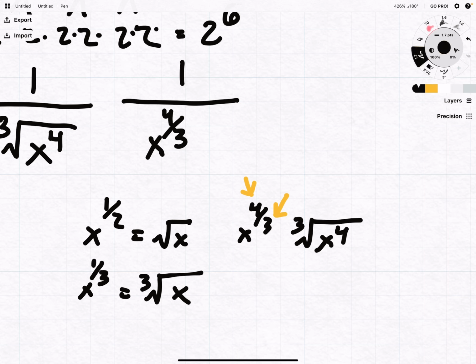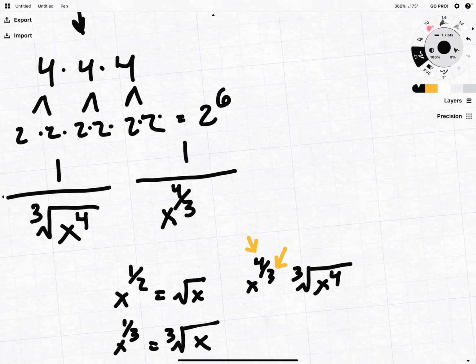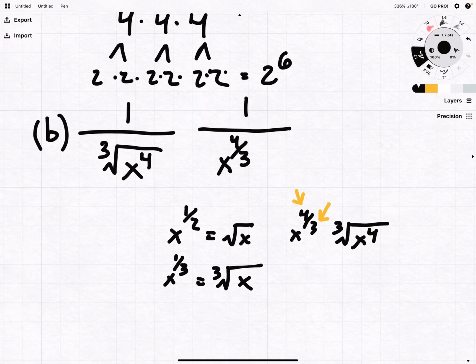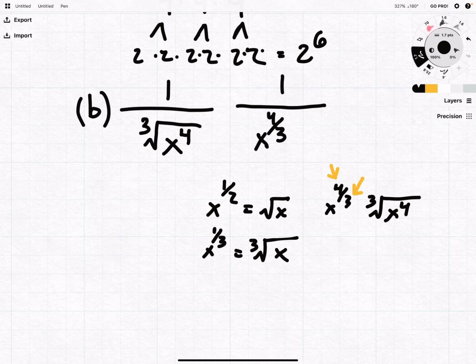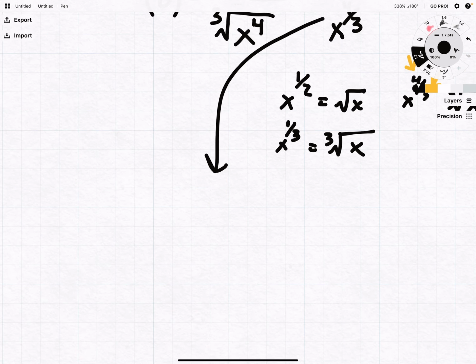Now, we're still not quite done, because one thing about simplification is having a root in the denominator is usually not the best thing to do. So I'm going to bring this 1 over x to the 4 thirds down. And what we want is we want to bring this up here.